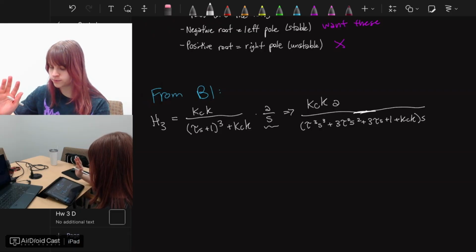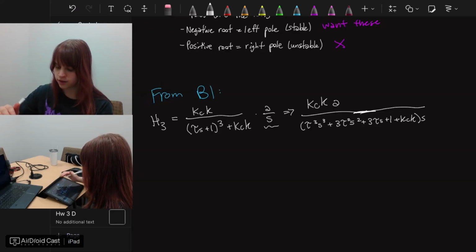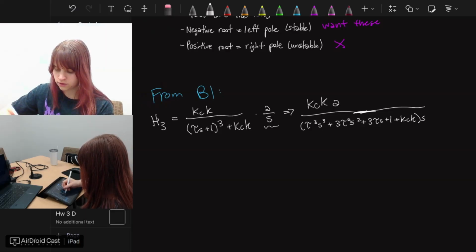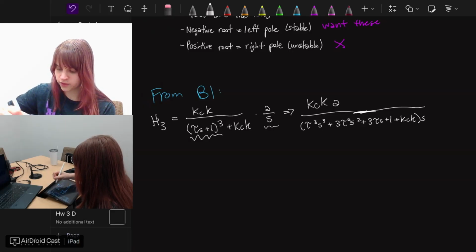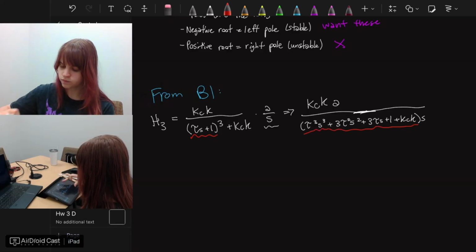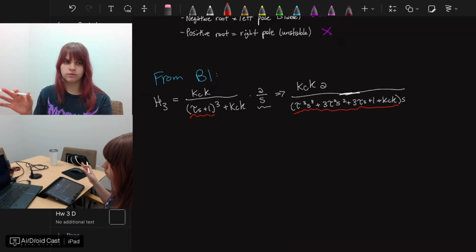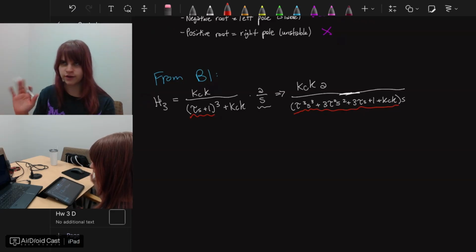Then I distributed this cube right here, because that's going to help us figure out the stability.